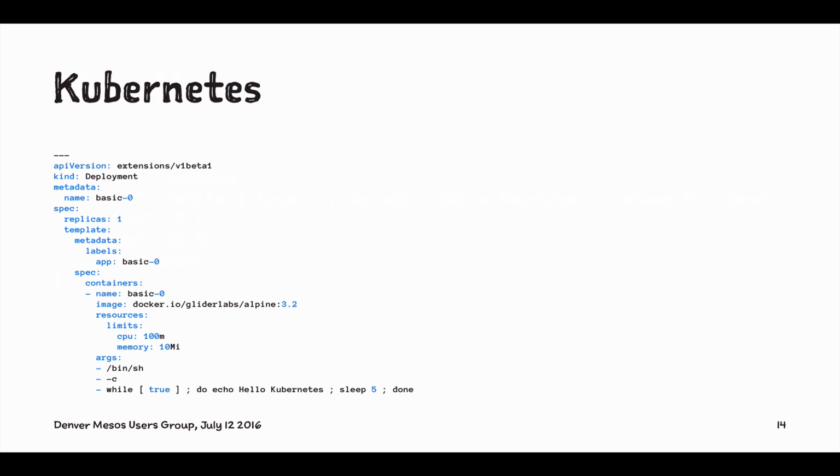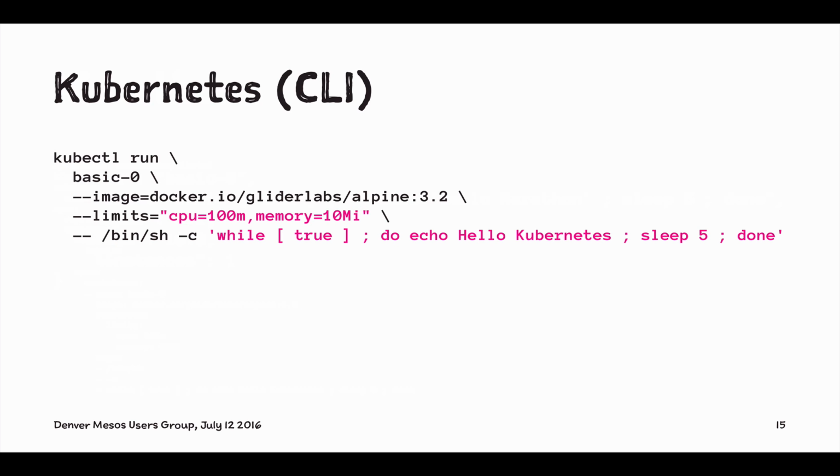This is where you can't compare apples to apples, because the Kubernetes YAML is for when you want very strict, tight control of what's happening exactly, and you can do some very custom, nice things to get your apps scheduled and running exactly as you want them. But sometimes you just don't need that. Sometimes you just want to run while true, do echo Kubernetes, sleep 5, done. So then you tend to use kubectl. In here, we have basically 4 arguments, just as we had in the Marathon JSON.